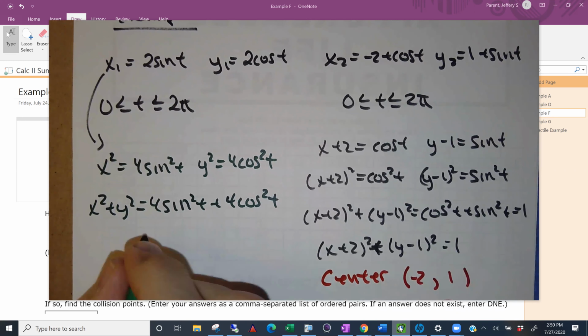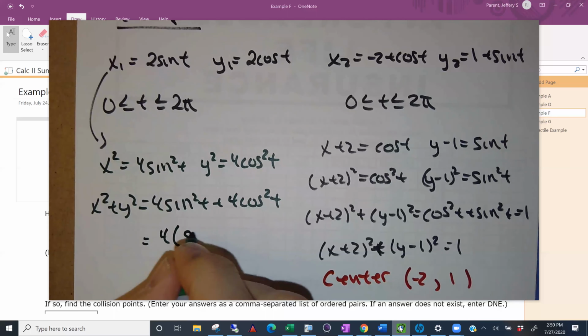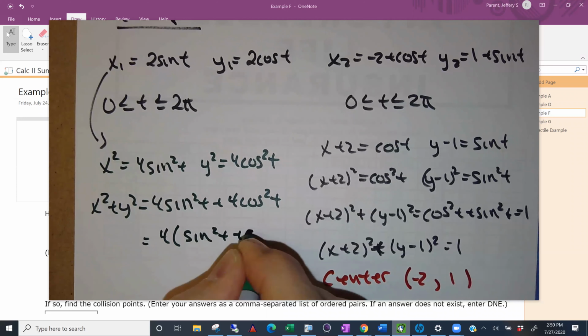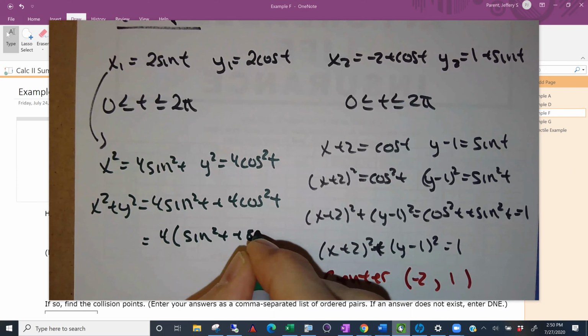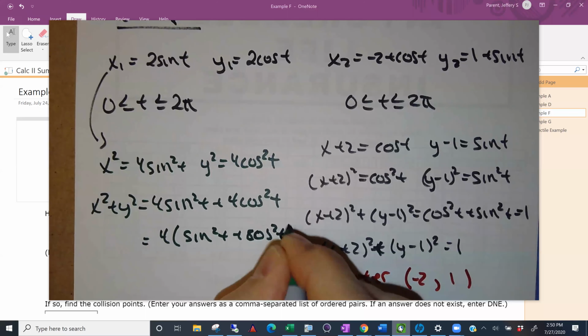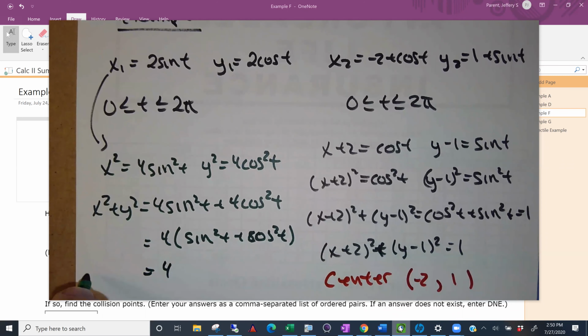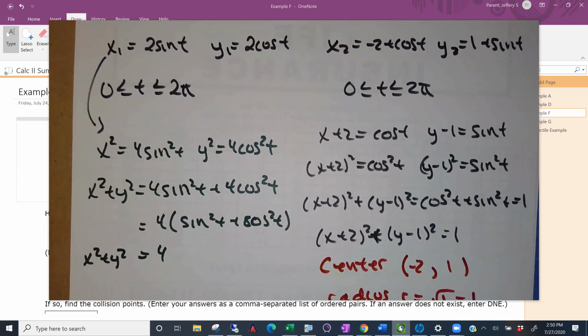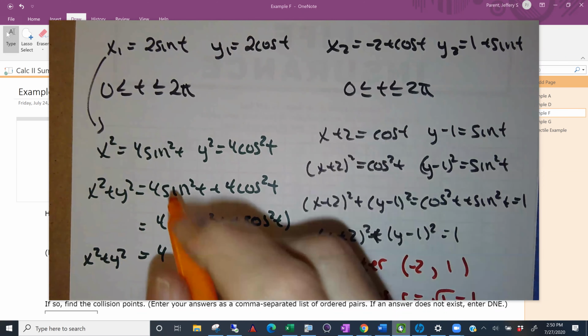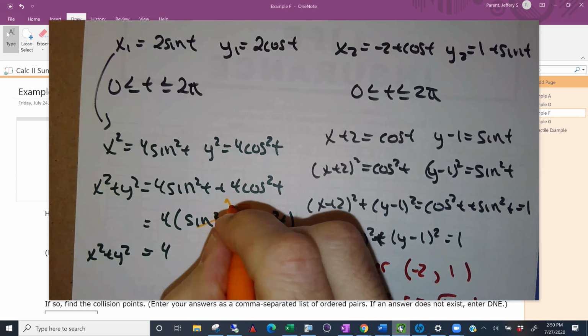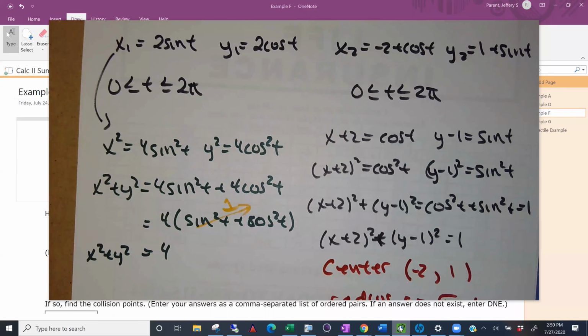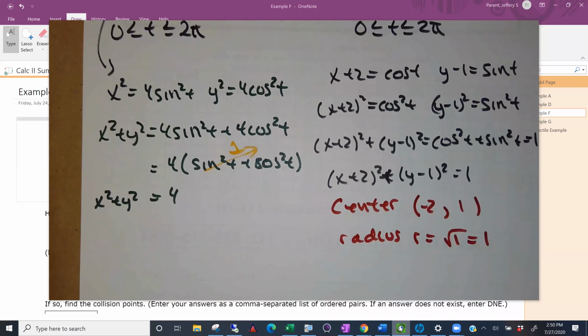Factor out a 4. If you factor out a 4, you'll see pretty quickly that that term disappears here. That becomes a 1. So we've got another circle.